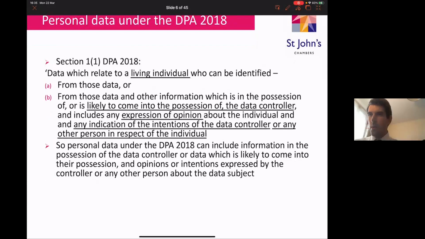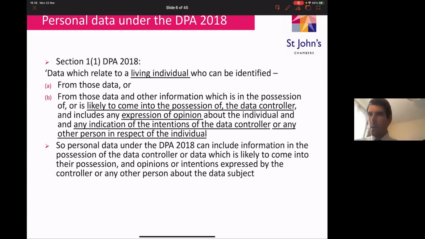And the Data Protection Act broadly mirrors that definition, albeit it words it slightly differently. And personal data relate to a living individual whose data or other information is in the possession of, or is likely to come into the possession of the data controller.